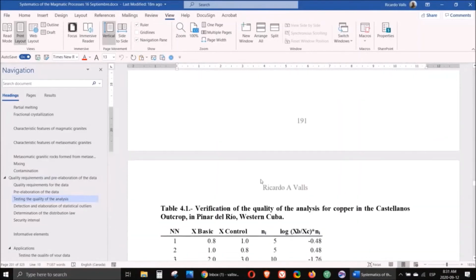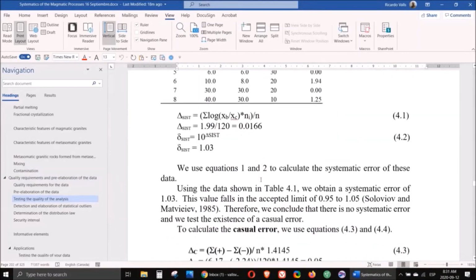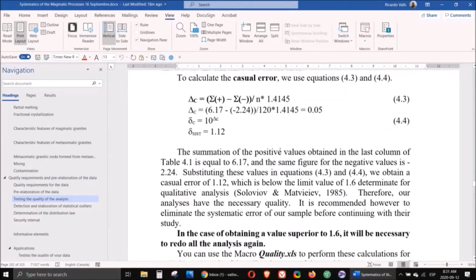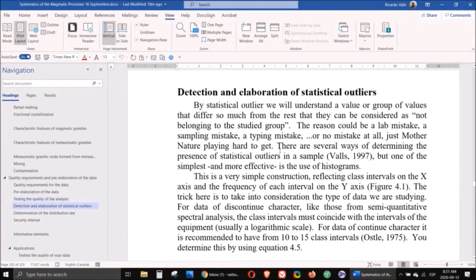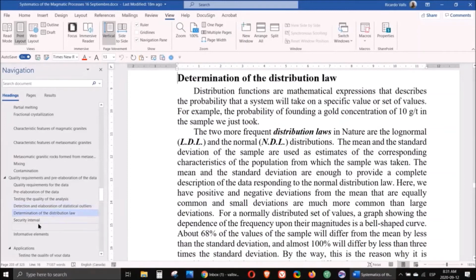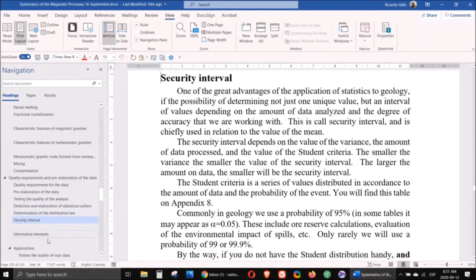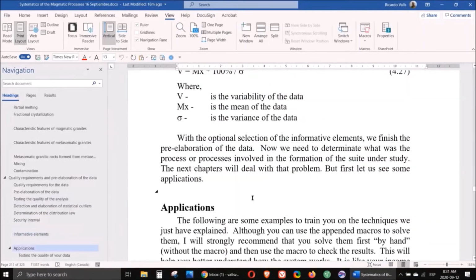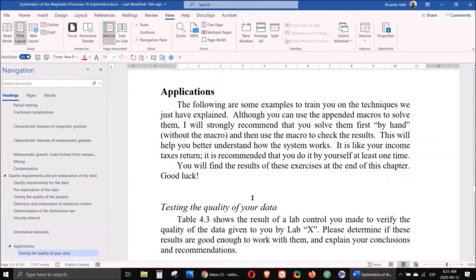Specifically here, I'm talking about the duplicates, okay, and the techniques to determine if the data from the two samples, the original and the duplicates, are correct. The detection and elaboration of statistical outliers or hurricane samples, determination of the distribution law, the security intervals, how to determine the most informative elements, and other interesting things for preparing your data.